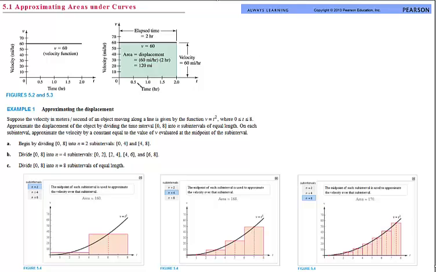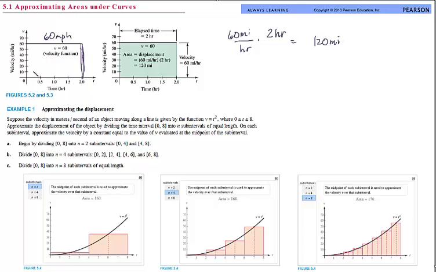So let's look at what's going on with this first graph. If our velocity is 60 miles per hour, so we're going 60 miles per hour, and we do this for 2 hours, then we would say that we have traveled, or my displacement is 60 times the 2 hours, or 60 miles per hour times 2 hours would be 120 miles.